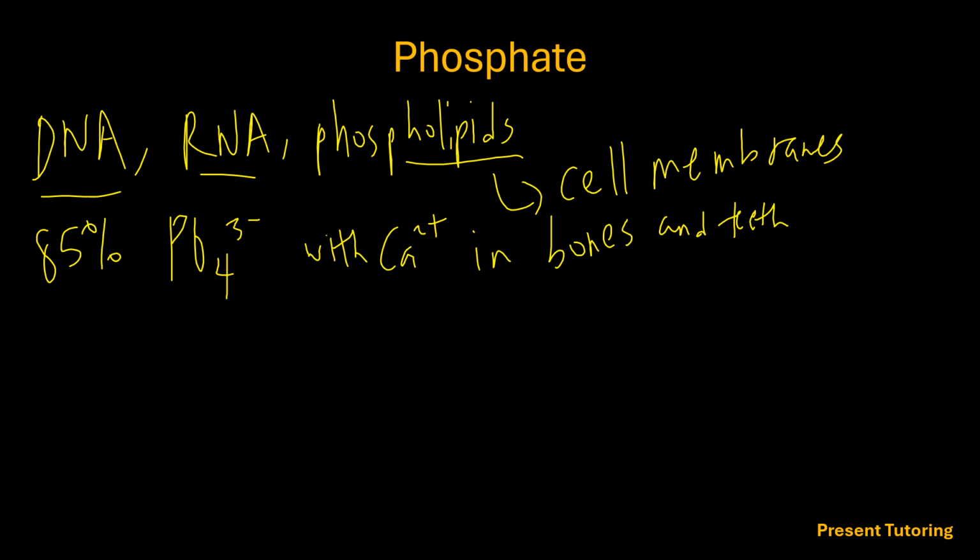Okay, and then phosphate has a very important role to play as it is a known buffer. Generally, buffers are things that help to stabilize the pH level in the blood and the fluids. So we definitely need phosphate because, intracellularly, inside the cell, it acts as a buffer to keep the pH stable.